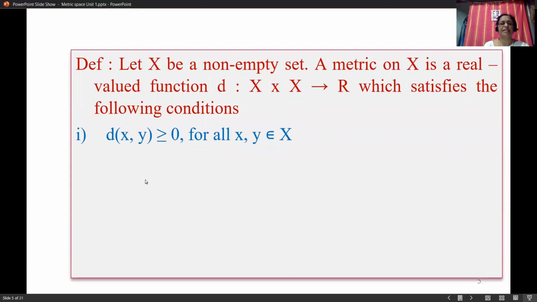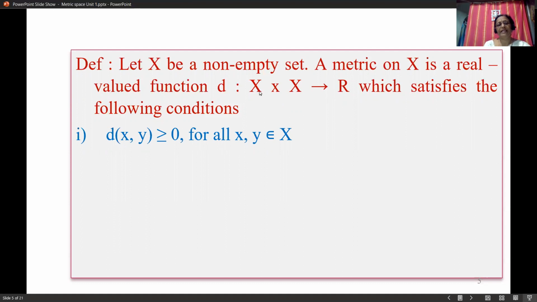The first condition is D of xy greater than or equal to 0 for all xy belonging to X. So what do we mean by D of xy? The definition of a function says that whenever you have elements of a domain, the image of that arbitrary element under the function belongs to R. Here, since our domain is X cross X, a Cartesian product, it consists of all ordered pairs.